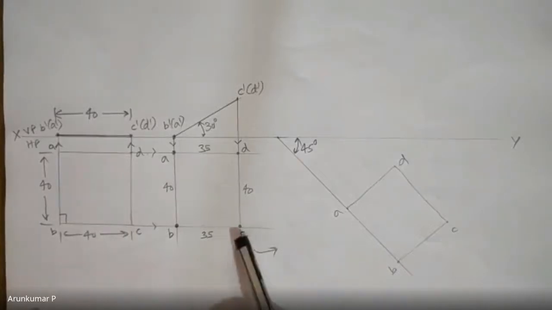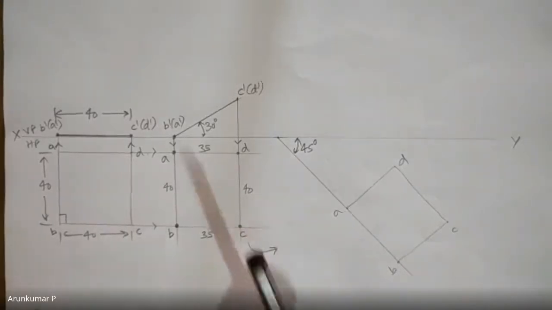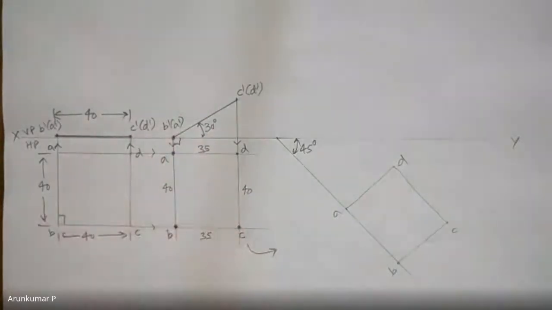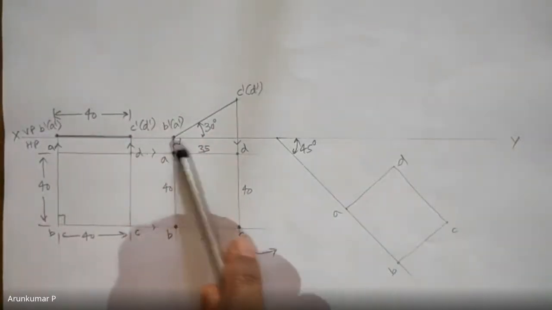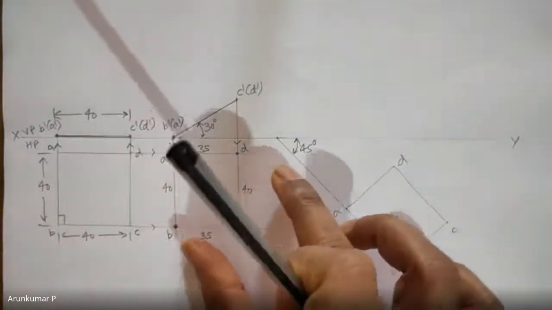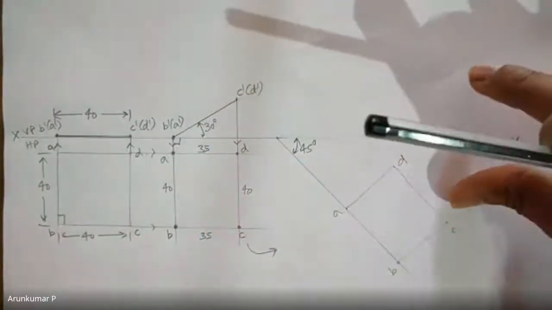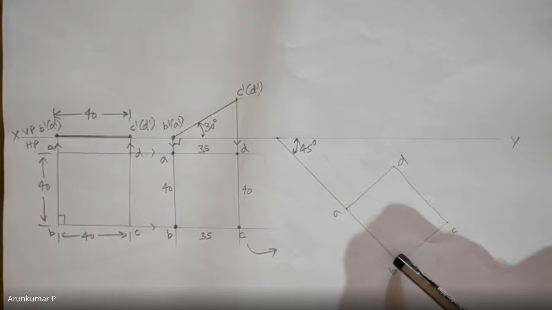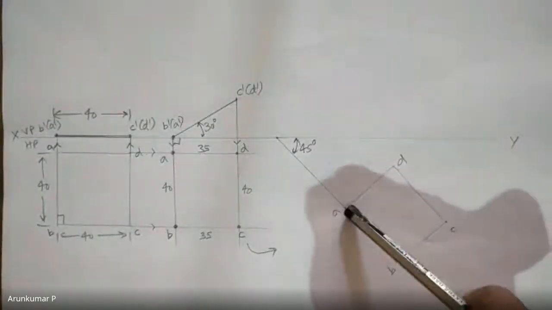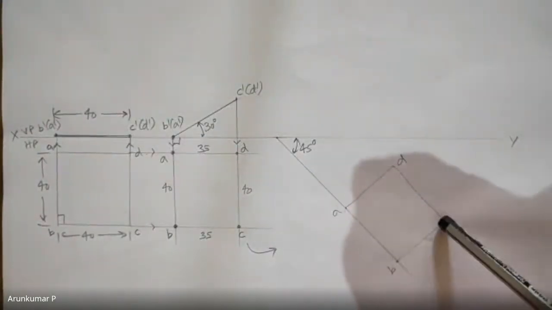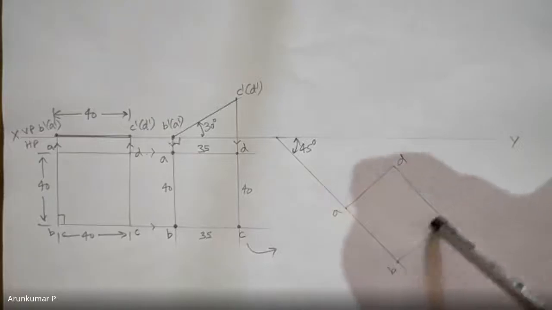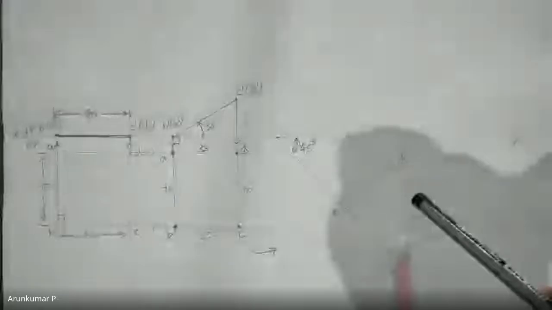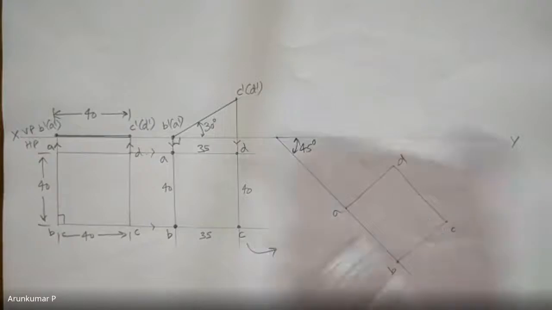So I'm rotating in the counterclockwise direction from 90 degrees. See, this angle here is 90 degrees to VP. I am reducing the angle from 90 degrees to 45 degrees, so I am rotating in the anti-clockwise direction. When I do that, AB is on the 45-degree line, this is A, this is B, and obviously this will be C and this will be D. This will be the rough layout or location of the rectangle in the third step.